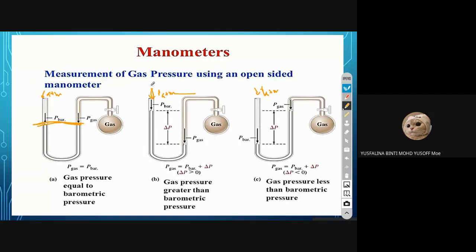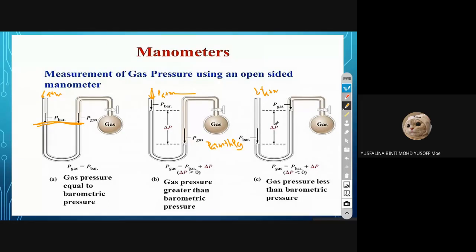The atmospheric pressure would make it go down, right? So the P gas is P ATM plus H rho G.